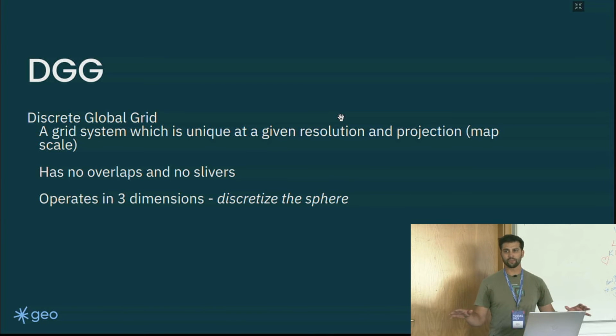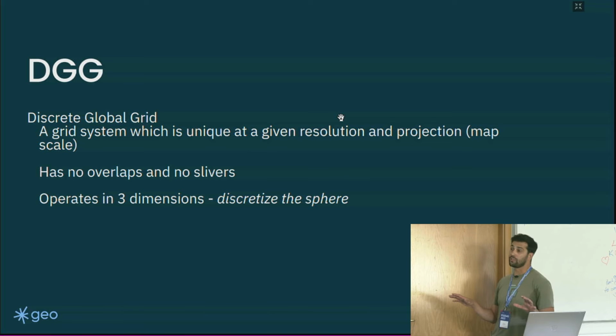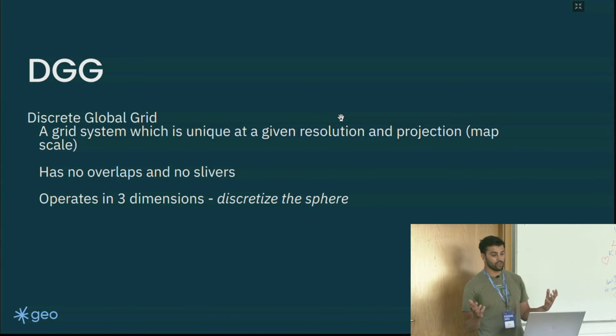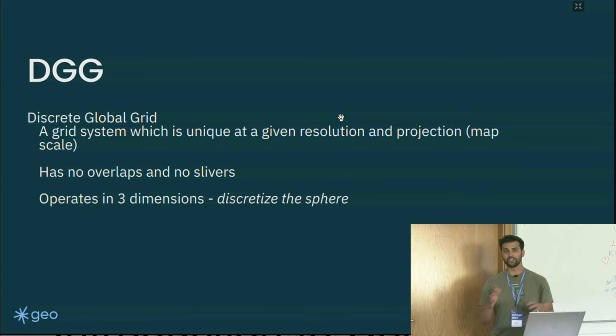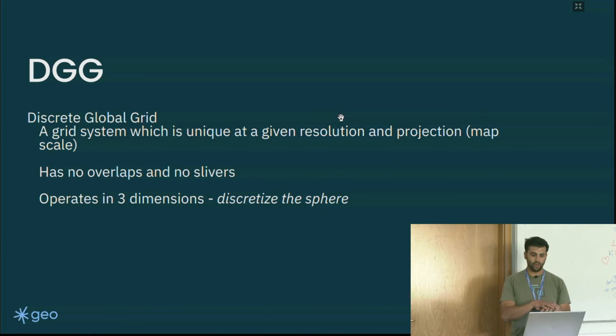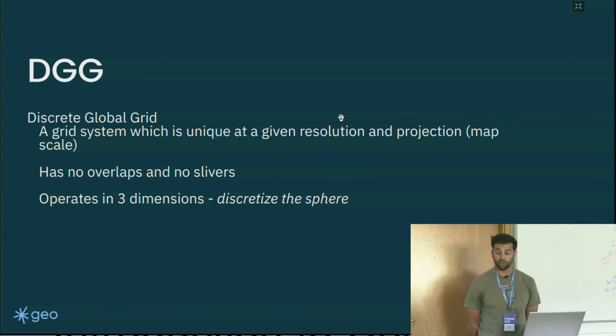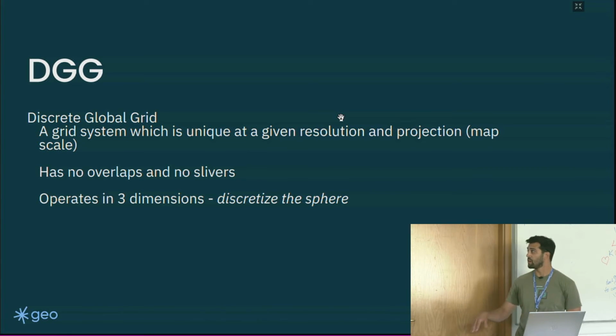A Discrete Global Grid has no overlaps and no slivers, so each location can only be defined by one ID, and there are no locations left out. It operates in 3 dimensions, X, Y, and Z, and the goal, again, is to discretize the sphere.